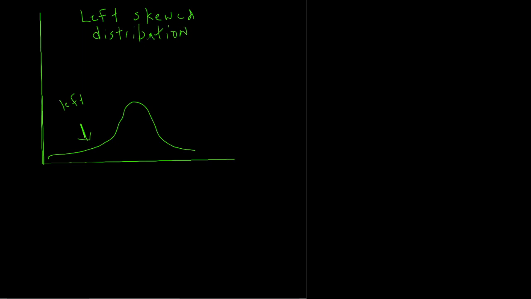Now, what ends up happening on a left skewed distribution is the mean is here, and the mode is here. And the median is usually here.